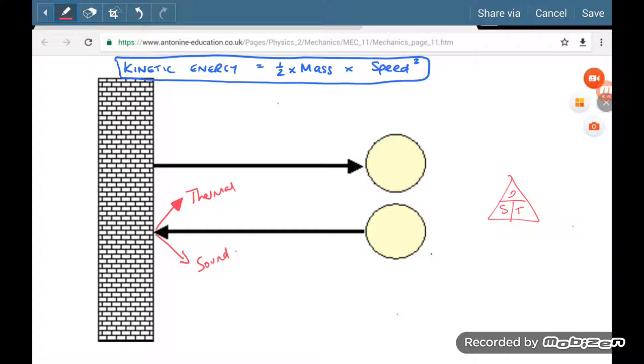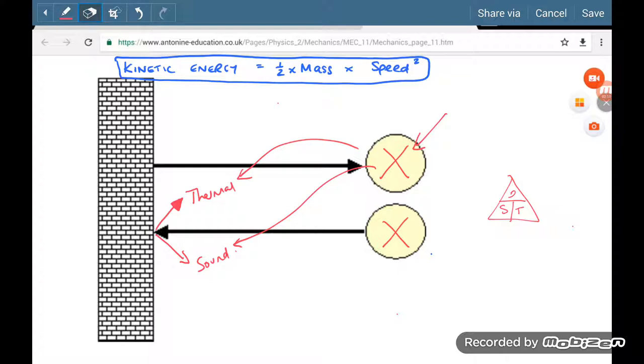So the total energy of this ball here must equal the total energy of this ball here plus any of the thermal energy and the sound energy that came off. So actually, if thermal energy and sound energy have come off, this ball here must have a little less energy than the original ball, because it's lost some.